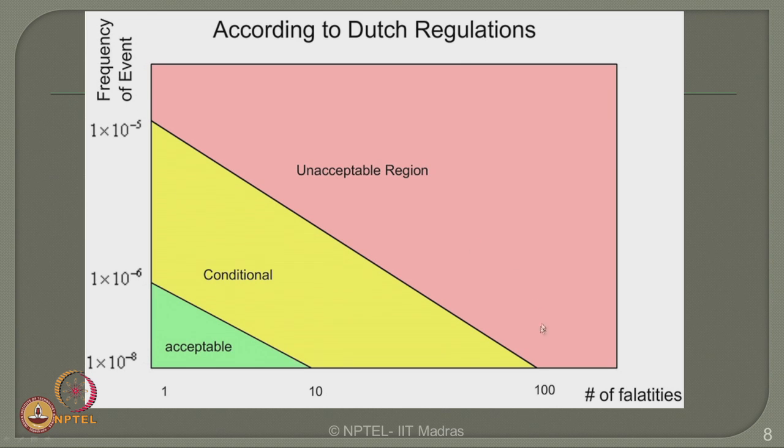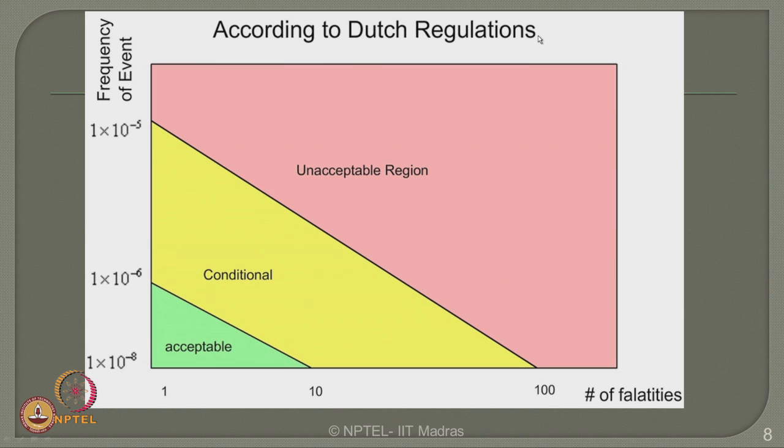If the number of fatalities exceeds 100 and the frequency is about 10 power minus 5, which is higher compared to that of 10 power minus 8, then we call this region an unacceptable risk. Whereas if the number of fatalities is lower than 10 and the occurrence of those events causing these fatalities ranges from 10 power minus 6 to 10 power minus 8, we call that kind of risk in the plant acceptable risk according to the Dutch regulations.